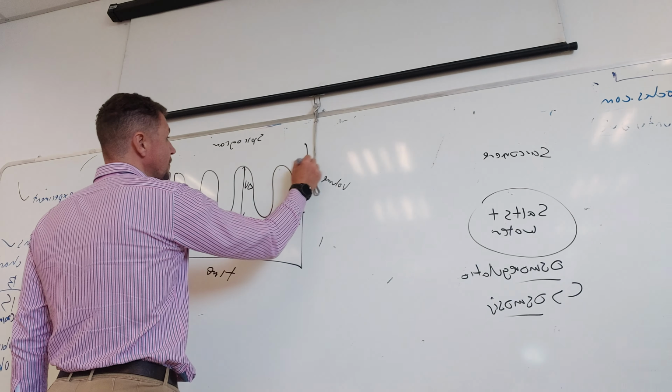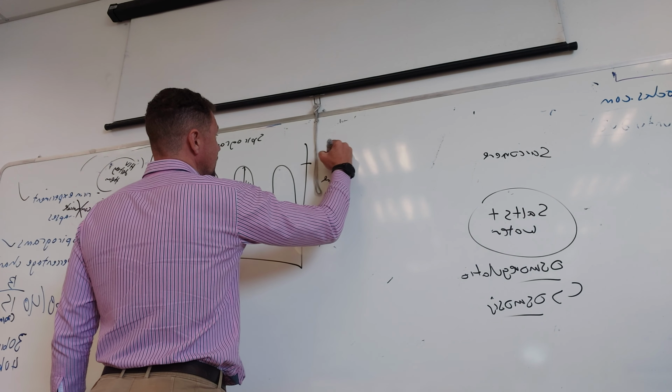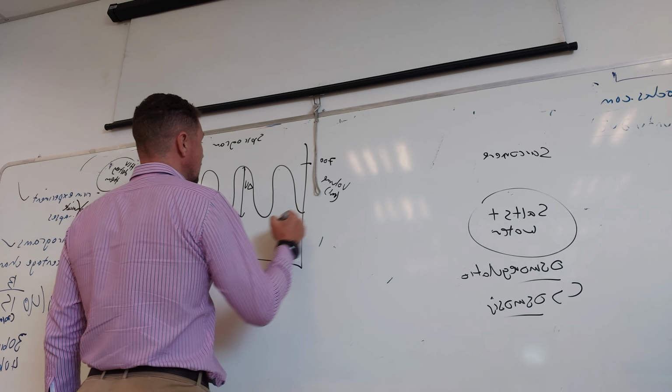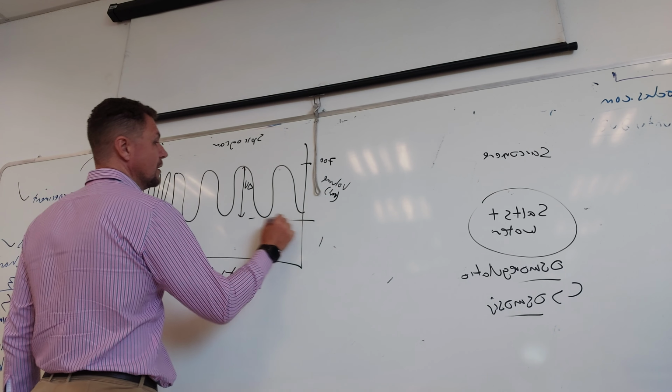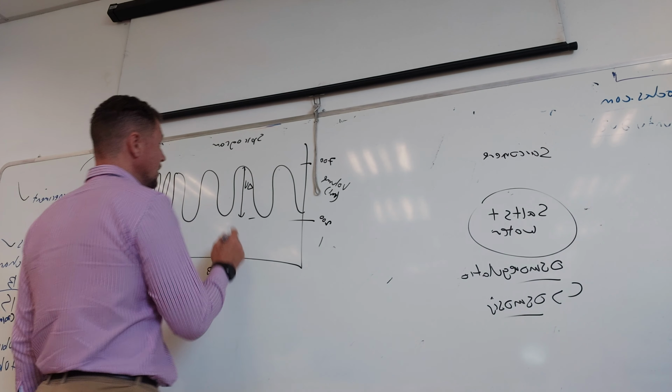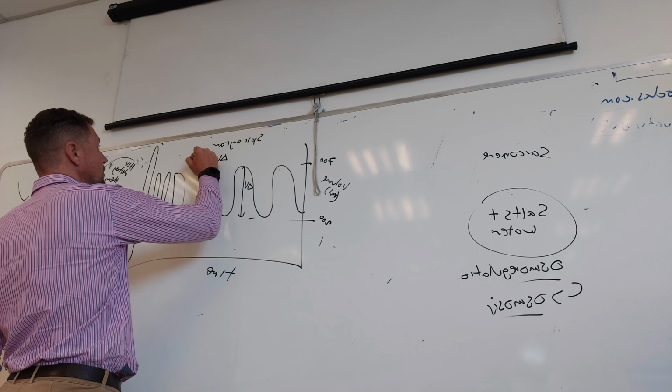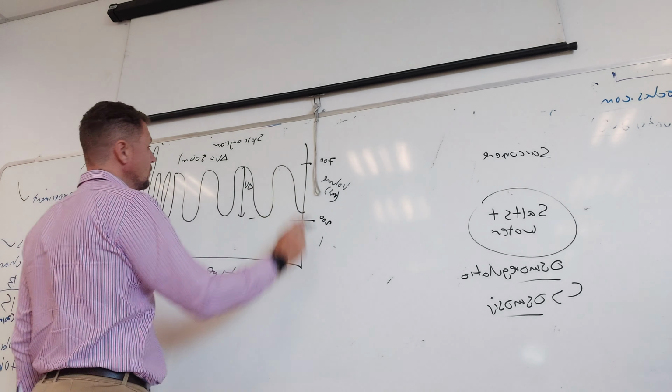For example, if this value is 700 milliliters, because it has to have a unit, and this value here is 200, then delta V is 500, which is 700 minus 200.